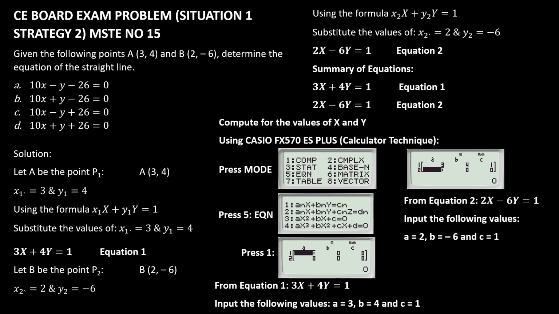And also, from our equation 2, 2x minus 6y equals 1, we have to input the following values at the second row of our monitor: a equals 2, b equals -6, and c equals 1. Finally, everything from our equation 1 and equation 2 is now recorded in our calculator.